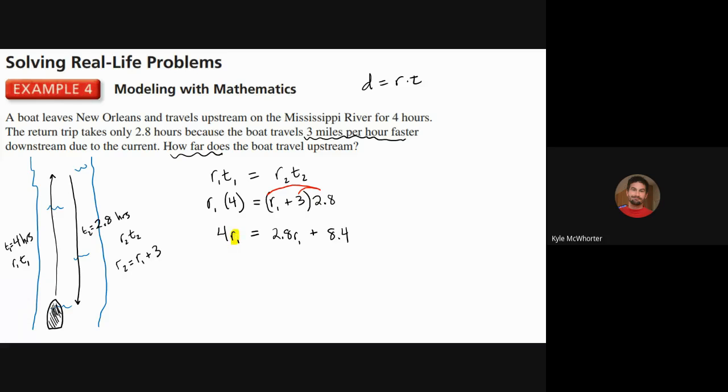So then I've got my variable on both sides, so I need to use an inverse operation to get it off one side. Since I already just have a number, 8.4, over here, I want to get rid of the 2.8R1. That's a positive 2.8R1, added to the 8.4, so I need to subtract 2.8R1 from each side.